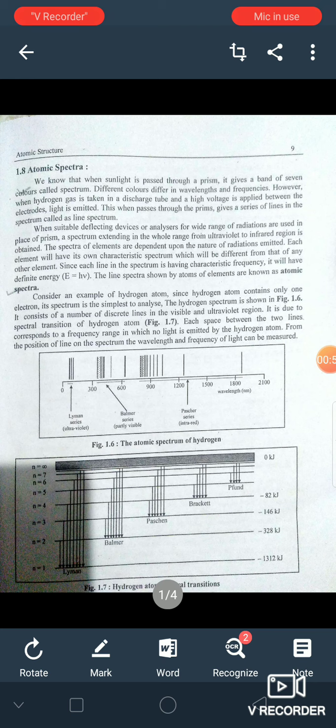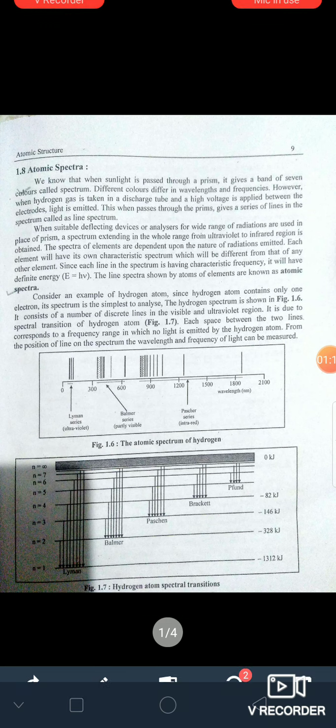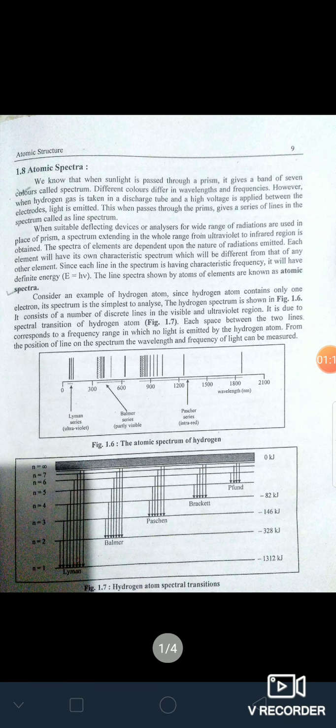When suitable deflecting devices or analyzers for a wide range of radiations are used in place of a prism, a spectrum extending in the whole range from ultraviolet to infrared region is obtained.